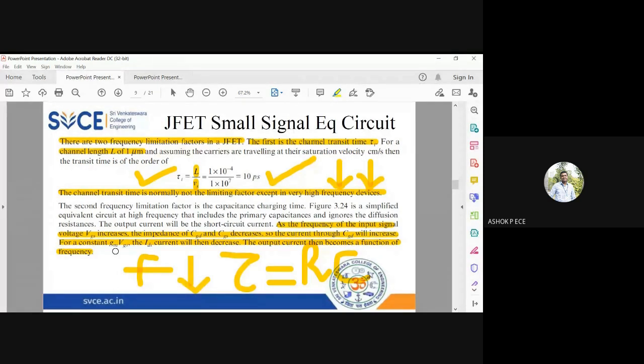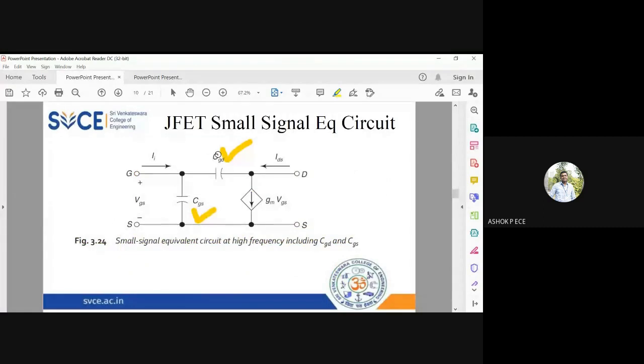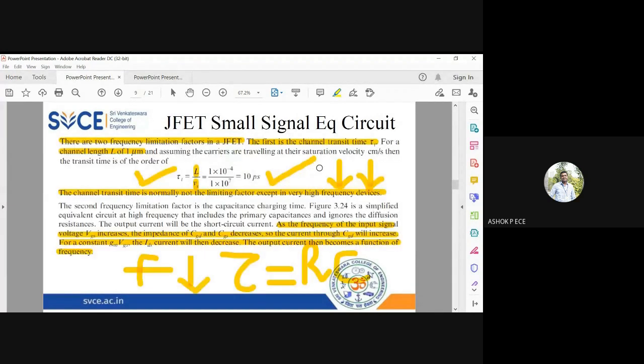Second one, even though we ignore all the capacitances in the small signal equivalent circuit, the effect of these two capacitances cannot be completely ignored. So the capacitances between gate and drain and gate and source cannot be completely ignored, and these effects will be seen in the small signal equivalent circuit also. Whenever you have capacitance, you have what is called the time constant tau.